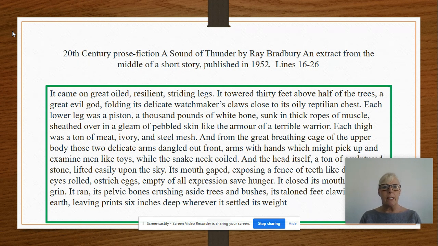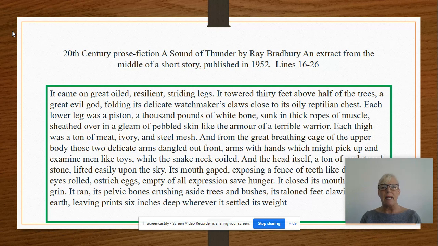Each thigh was a ton of meat, ivory and steel mesh. And from the great breathing cage of the upper body, those two delicate arms dangled out front, arms with hands which might pick up and examine men like toys, while the snake neck coiled, and the head itself, a ton of sculptured stone, lifted easily upon the sky.